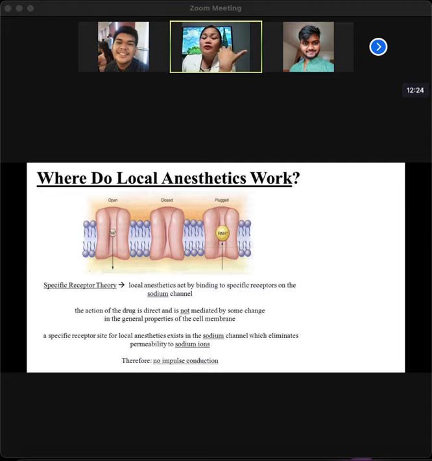Therefore, no impulse conduction. Yun. Ang simple-simple, di ba? Since you have known your action potential, the phases, then if you prevent the permeability of your sodium ions, then you will have no conduction that would take place.